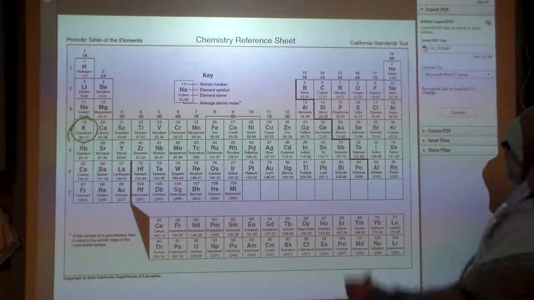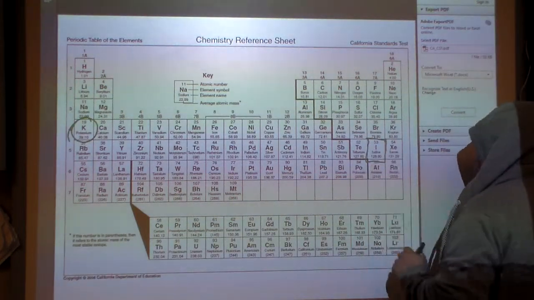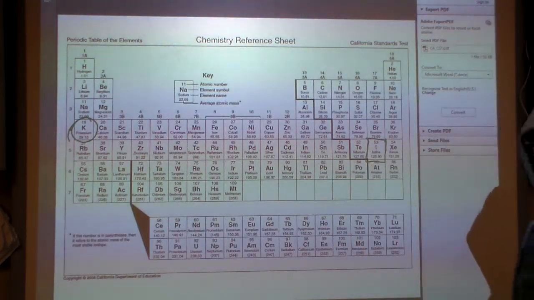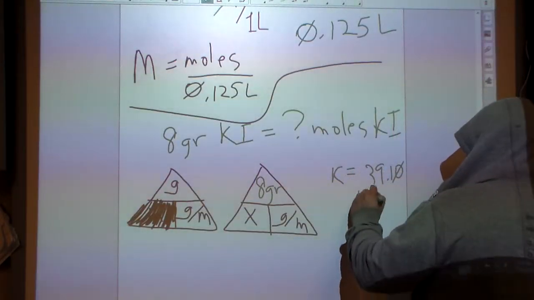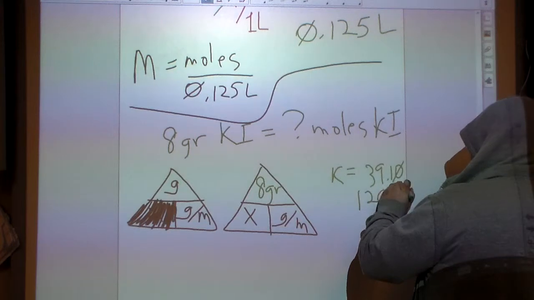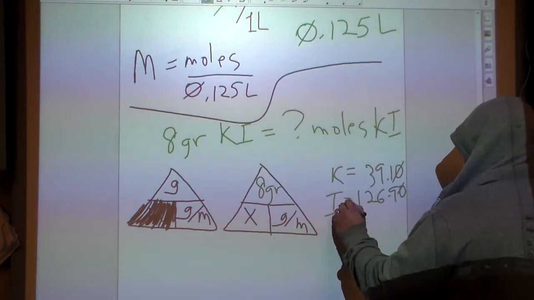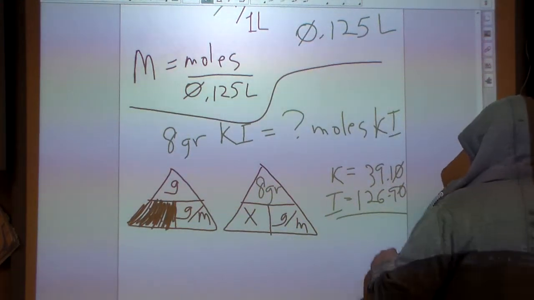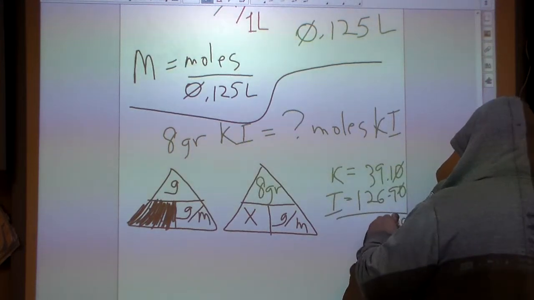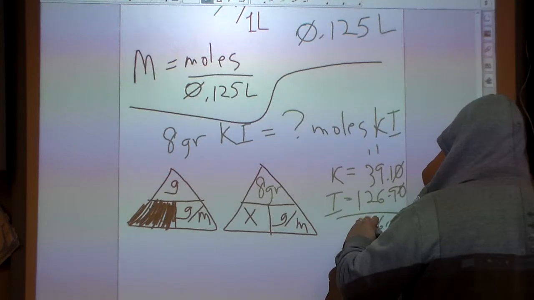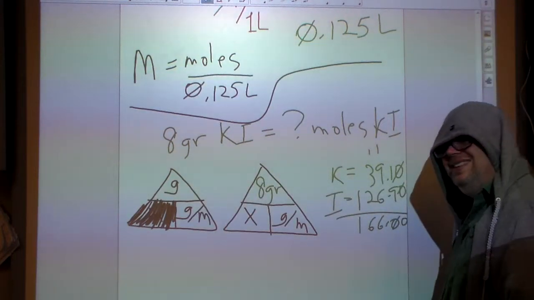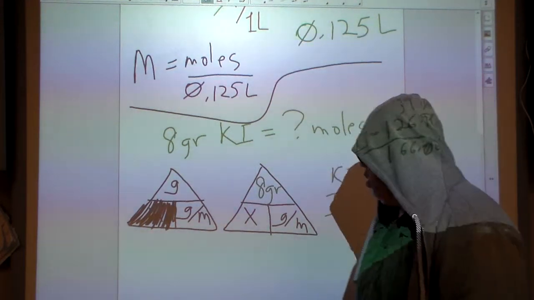Here's iodine. Iodine is over here, and it's 126.90. We're going to add those up, and now we have 0, carry the 1, 10, 60, carry the 1, 6, 166 grams per mole even.